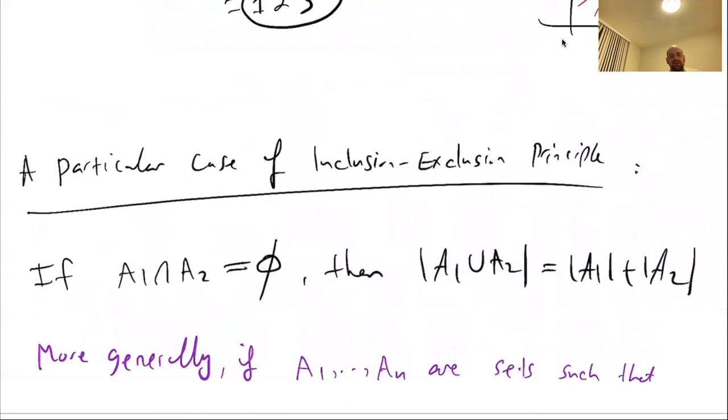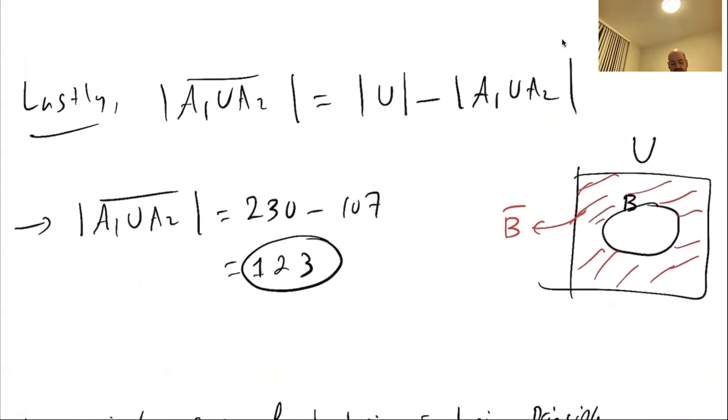But in the case of two sets, which is a simple case, we covered it both in the case that there is no intersection, where the number of elements of A1 union A2 is the number of elements in A1 plus the number of elements in A2. And if there is an intersection for two sets, we covered that as well.